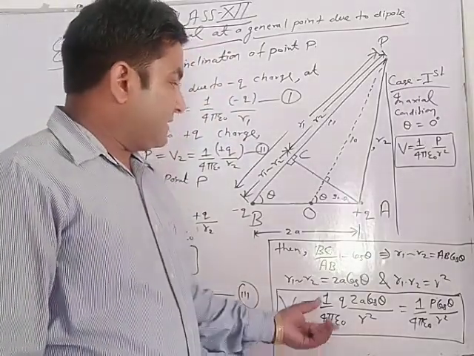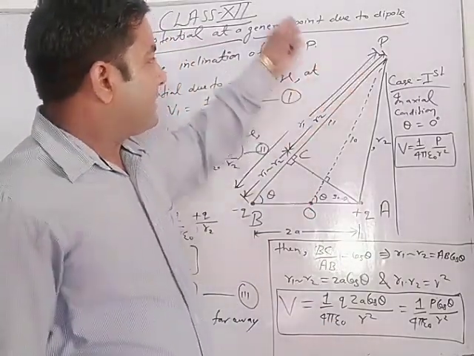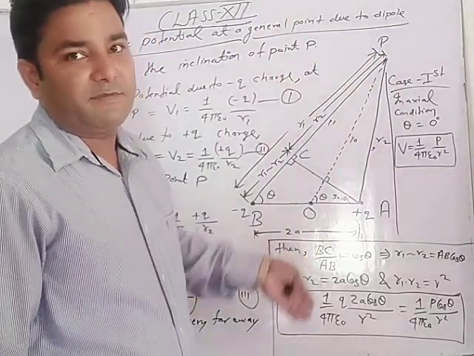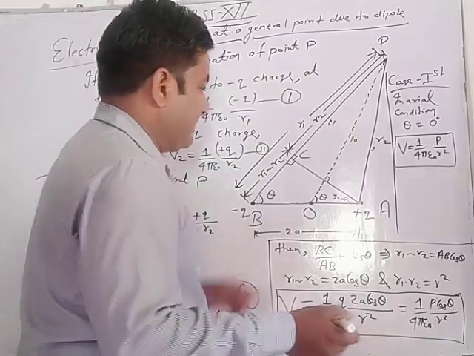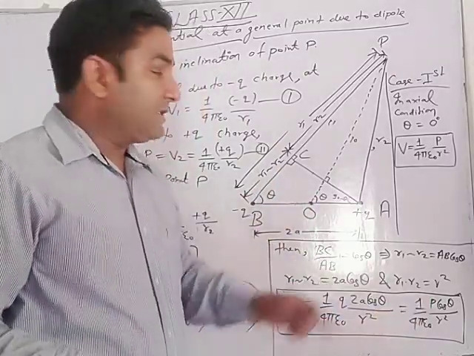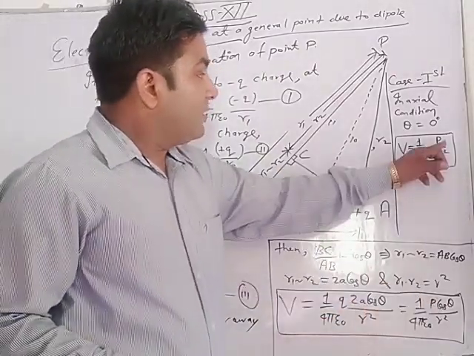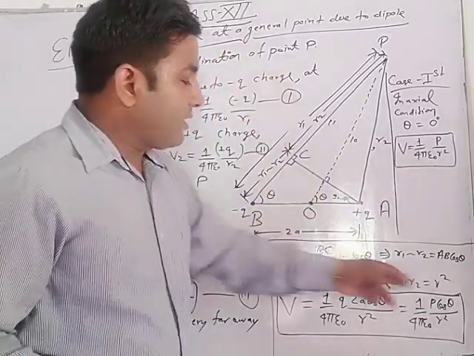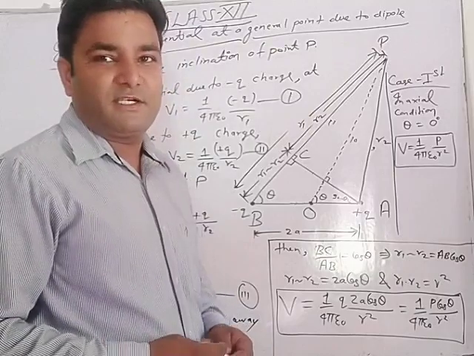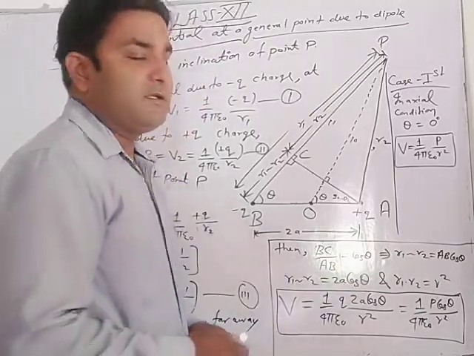And second case, whenever the point lies on the equatorial condition, it means the perpendicular bisector, then whenever theta is 90 degree, then cos 90 means what? 0. And since the cos 90 value is 0, the total potential will be 0.